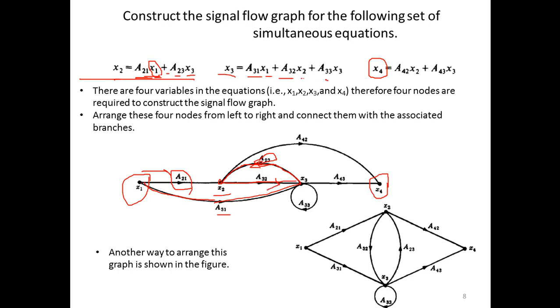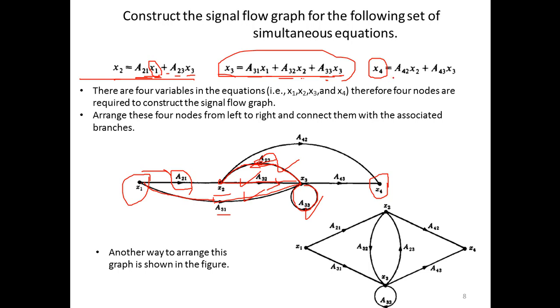Similarly, this x3 is multiplied by itself with a gain of a33. So x3 multiplied with this a33 went back to the x3 as an input. So this is the equation, and from this equation we have drawn these three lines.